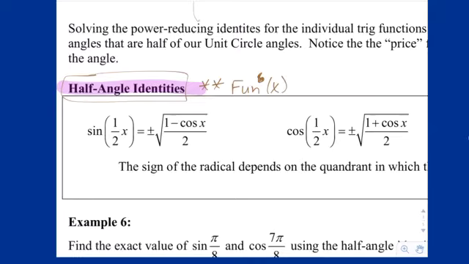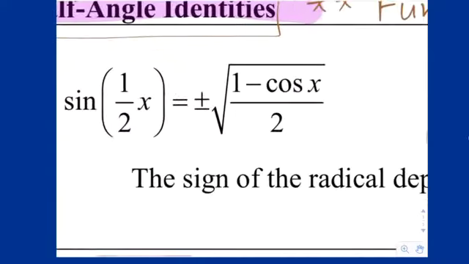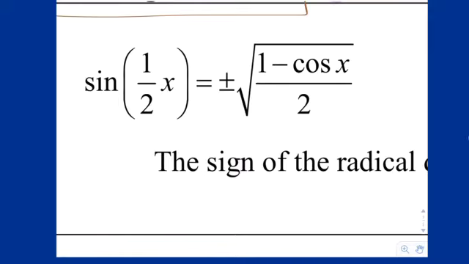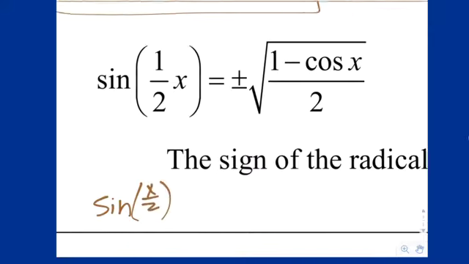Very similar to the ones that we just looked at? Notice the power reducing? Do these look at all like the power reducing? They do. In fact, this is exactly where they come from. If you rewrite the right side, by the way, 1/2 x is the same as x halves, just an FYI.